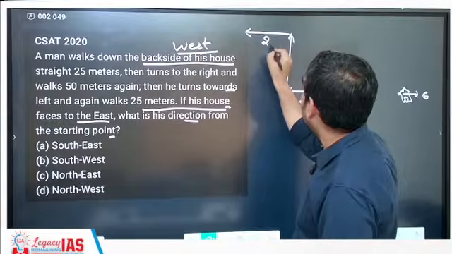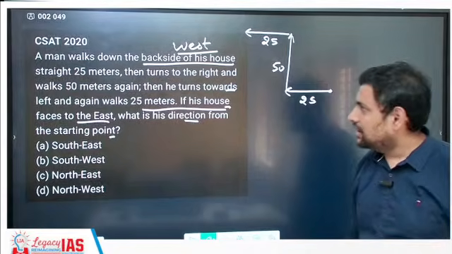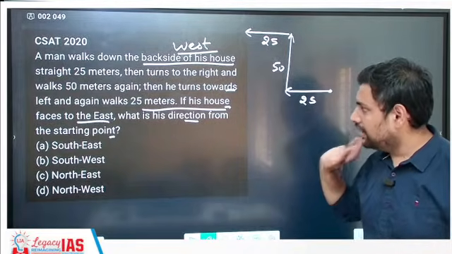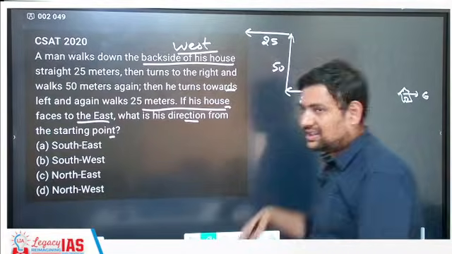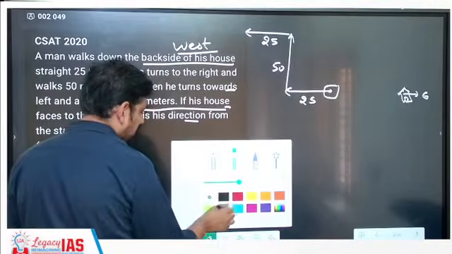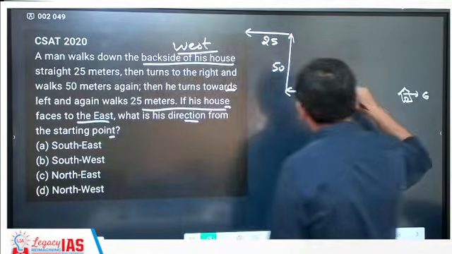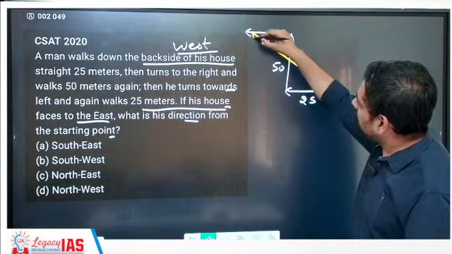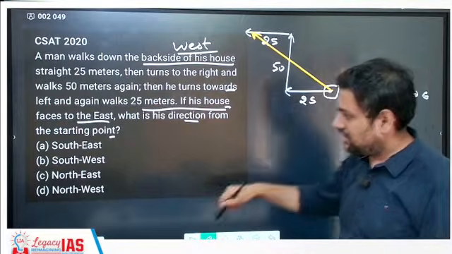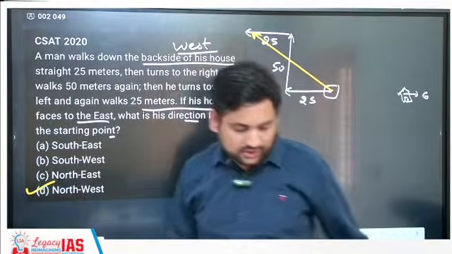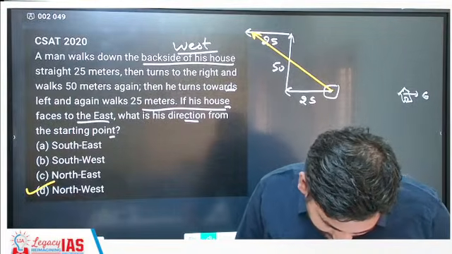What is his direction from the starting point? Very clearly, the direction is this. This is northwest. The answer becomes D, northwest.